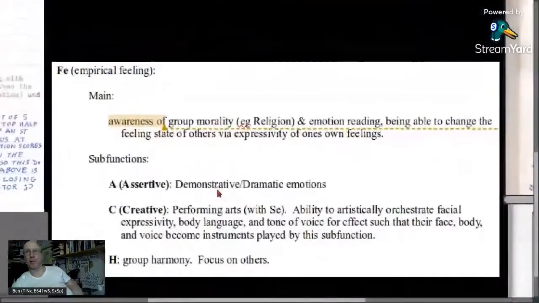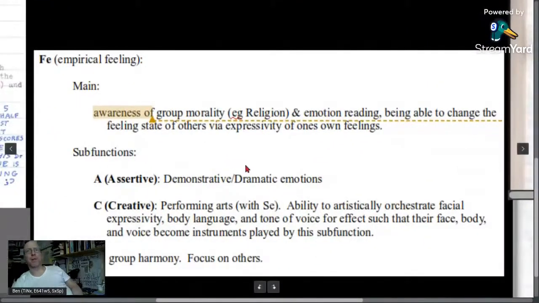So maybe we can have a look at some of these FE ones here. The assertive FE, ENFJ is probably more likely to use this by default than ESFJ, except when ESFJ gets upset or someone has been rude to them, because they can take that as a slight, especially in front of other people. Performing arts.